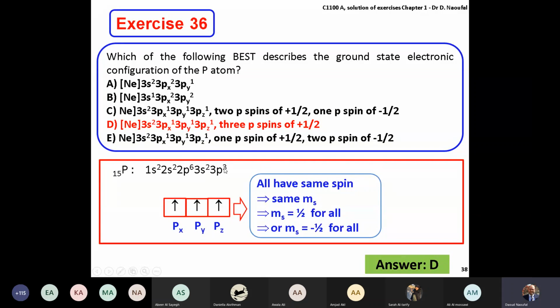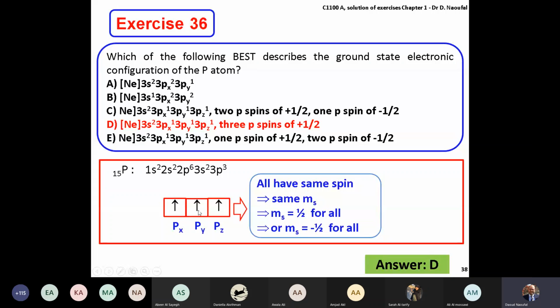According to Hund's rule, these 3 electrons should be filled in separate boxes: Px, Py, Pz. This is the best representation according to Hund's rule.